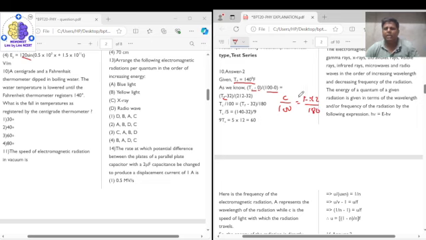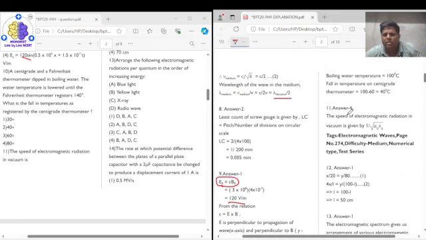Putting F as 140, we get C upon 100 is equal to 140 minus 32 upon 180. Solving this further, we get that the fall in the temperature on the centigrade scale is 40 degree centigrade, right? So the correct answer for question number 10 is 40 degree centigrade.